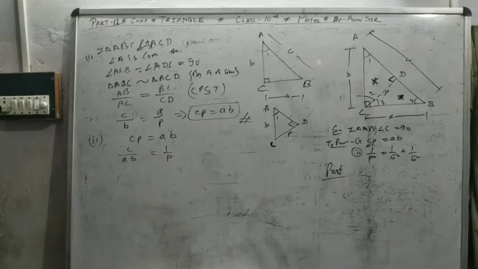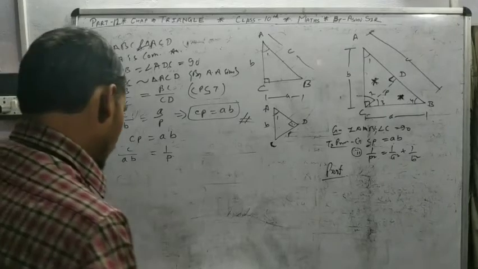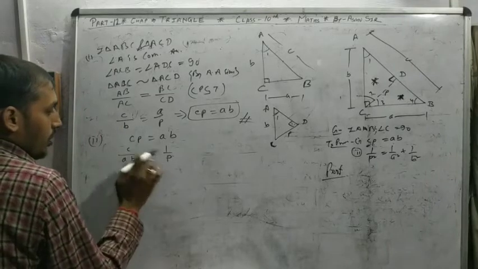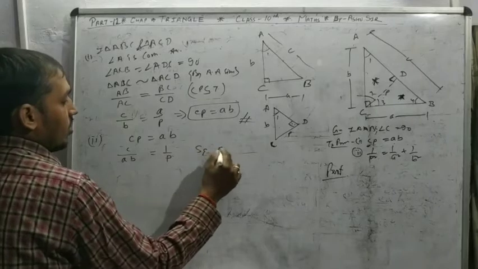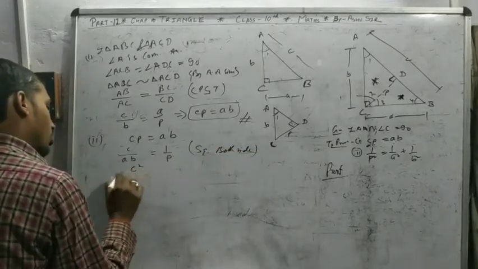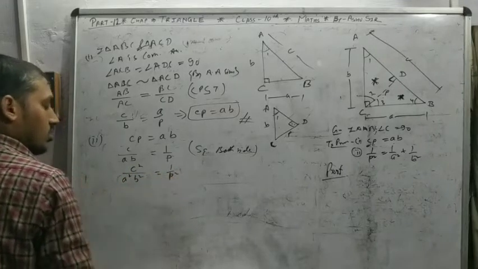Then we want the P square. So squaring both sides: C square upon A square B square equals 1 upon P square.